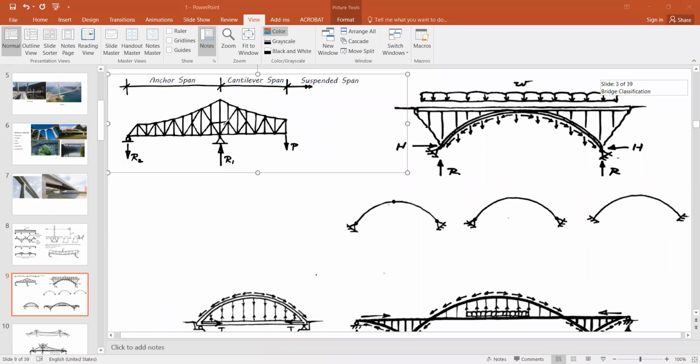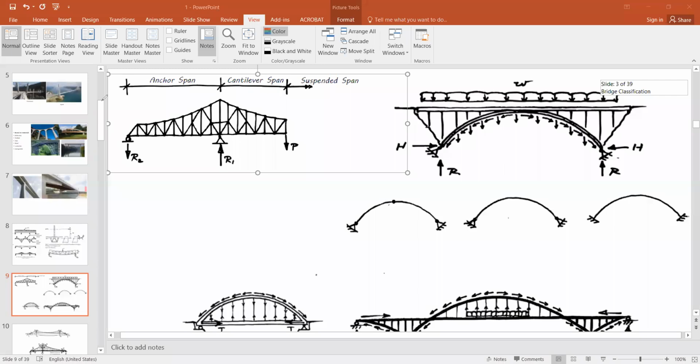In the truss bridge, engineers provide a propped cantilever type of structure. The first span is an anchored span, and the second span is a cantilever span. One such span comes from the left, and the other comes from the right, and they provide a suspended span in between. So this is how the structure scheme works.